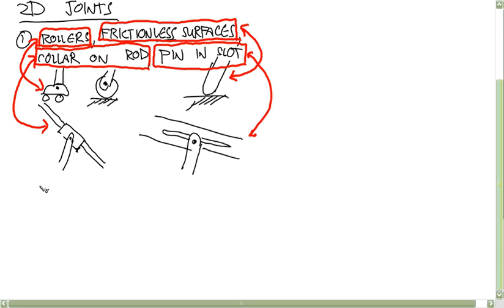But I'm not going to write that because like I said, you don't want to think about them in terms of what they allow. Think of them in terms of what they prevent. So what they prevent is any kind of translation normal to the path of whatever the sliding, rolling thing.